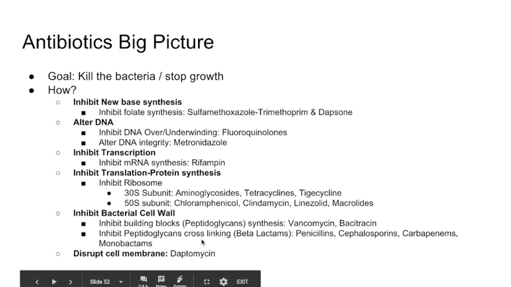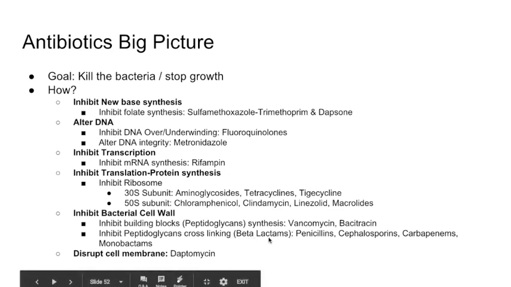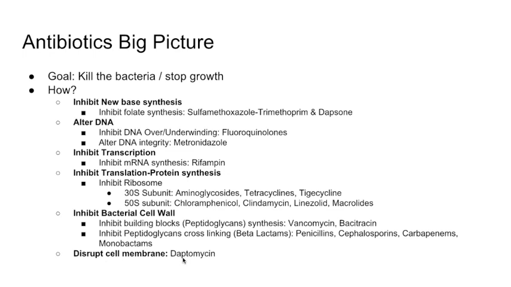So you've made these building blocks, you kind of need to cross-link them to make them stronger. And this is done by using the beta-lactams, which are penicillins, cephalosporins, carbapenems, or monobactams, and we'll talk about them in more detail. And the last step in killing the bacteria is disrupting the cell membrane using a medication called daptomycin. It's sort of like punching holes in the cell membrane and making it leak.